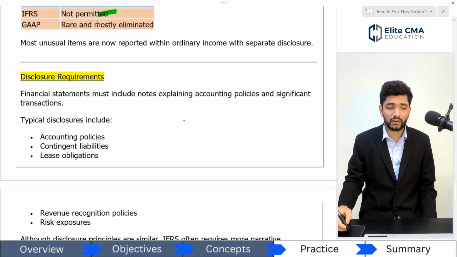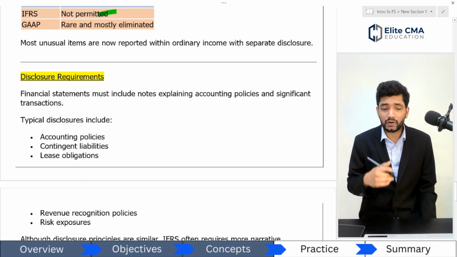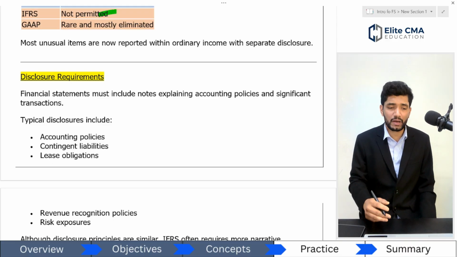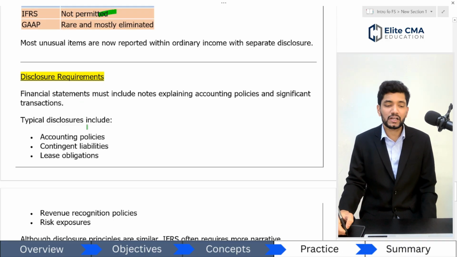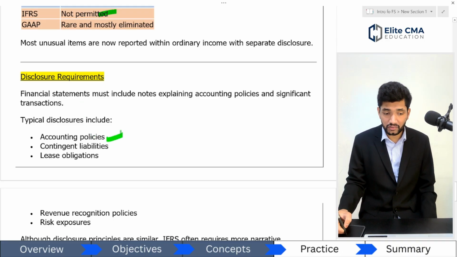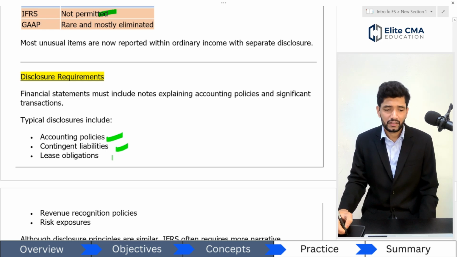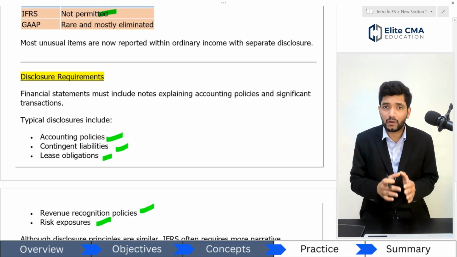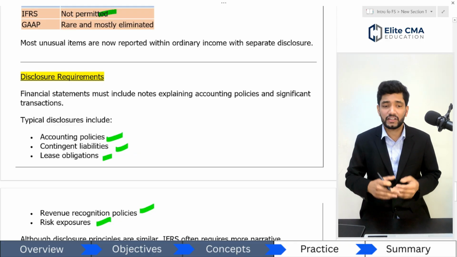Then the disclosure requirement. Financial statements must include notes explaining accounting policies and significant transactions in both US GAAP and IFRS. The typical disclosures include accounting policies, contingent liabilities, lease obligations, revenue recognition policies, and risk exposure. All these should be disclosed as notes to the financial statements.